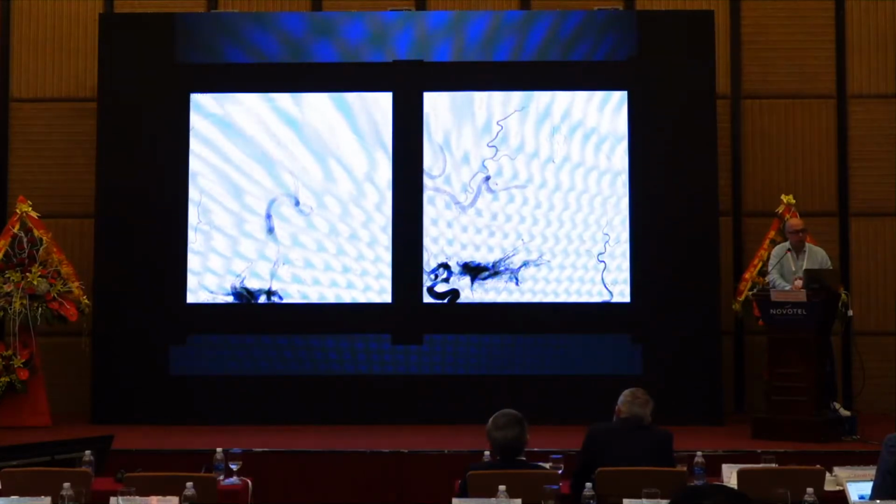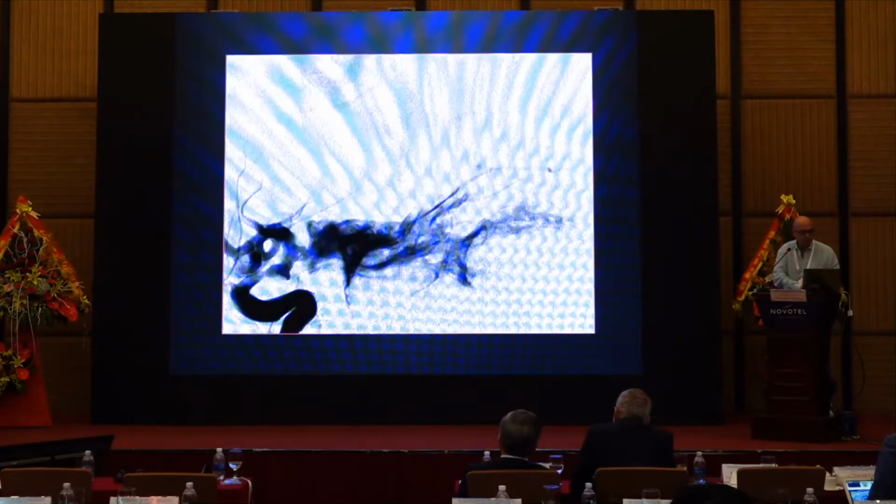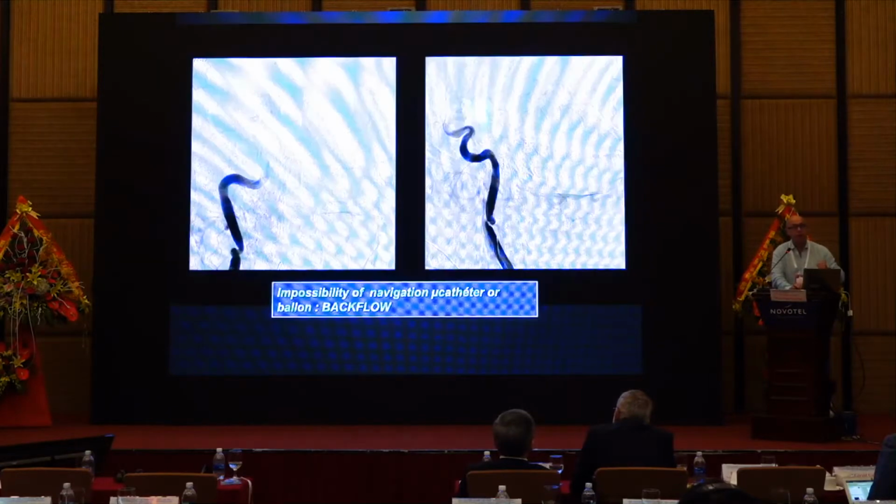We do an angio control and look at this huge bleeding from this small aneurysm here. At a distance from the AVM, you could never imagine that it could bleed, but it bled. And what happened is a very severe backflow because the patient had a huge intracerebral hemorrhage, and we could not even go back to treat this aneurysm because you can see here what happened in the cervical portion of the carotid.